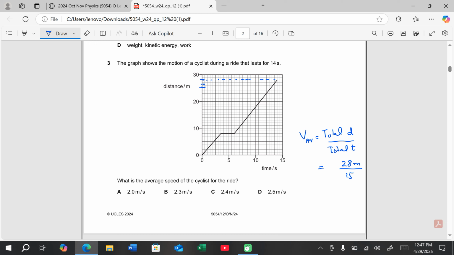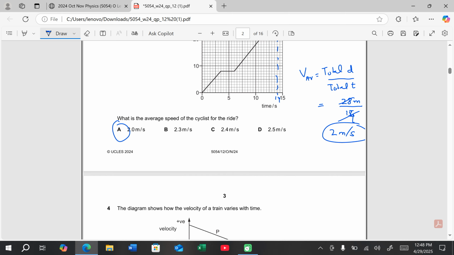Sorry, it's not 15, it's 14. It's ending somewhere here. See, this is 14, so we should be taking this as 14. So 28 divided by 14, you'll get 2 meters per second. So A is your right answer.